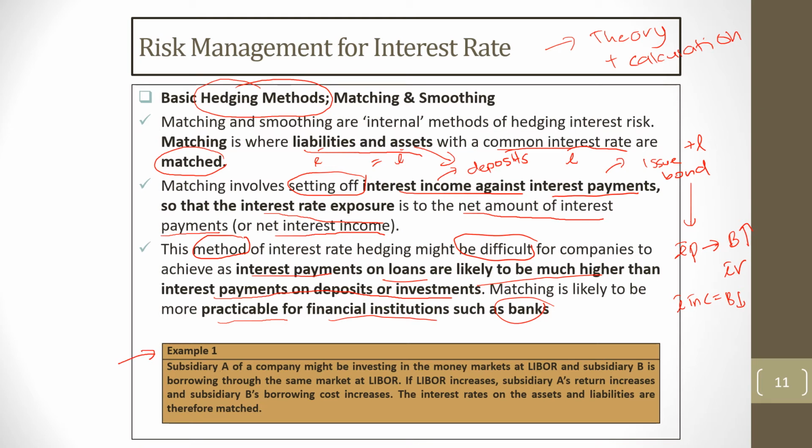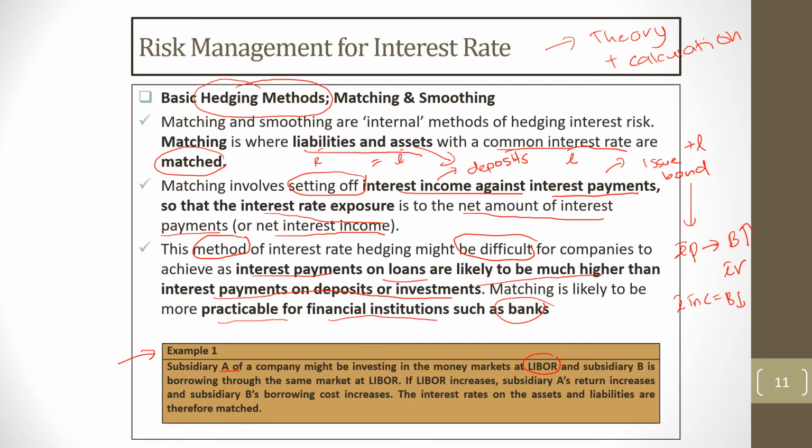So subsidiary A of a company might invest in the money market at LIBOR. Okay, LIBOR ni apa? London International Borrowing Offered Rate. Maksud dia LIBOR, ataupun kalau KL pun ada juga. In Malaysia we call as KLIBOR, Kuala Lumpur International Borrowing Offered Rate. Maksud dia apa LIBOR and KLIBOR ni? LIBOR is an organisation yang akan set the interest rate.